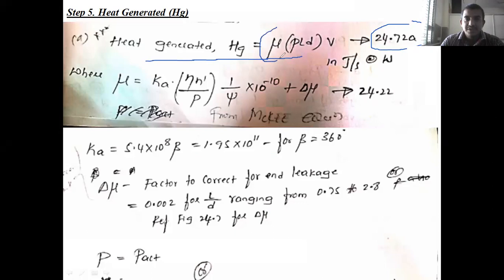The coefficient of friction is calculated by using the McKee equation, not the Petroff equation. The remaining things we already know. Substitute and you get the heat generated. This is one formula we use to determine the heat generated between the bearing and the journal.